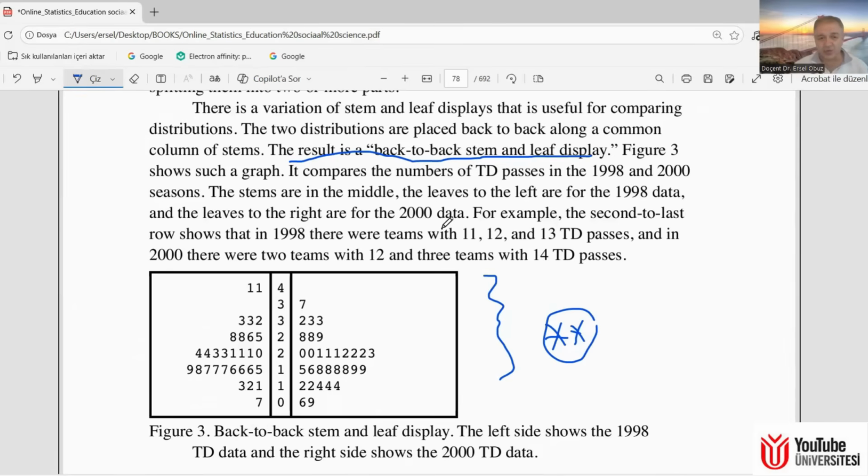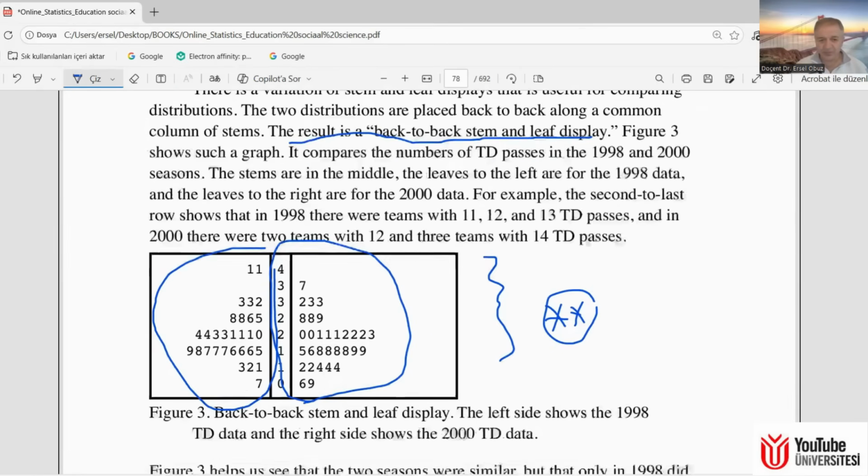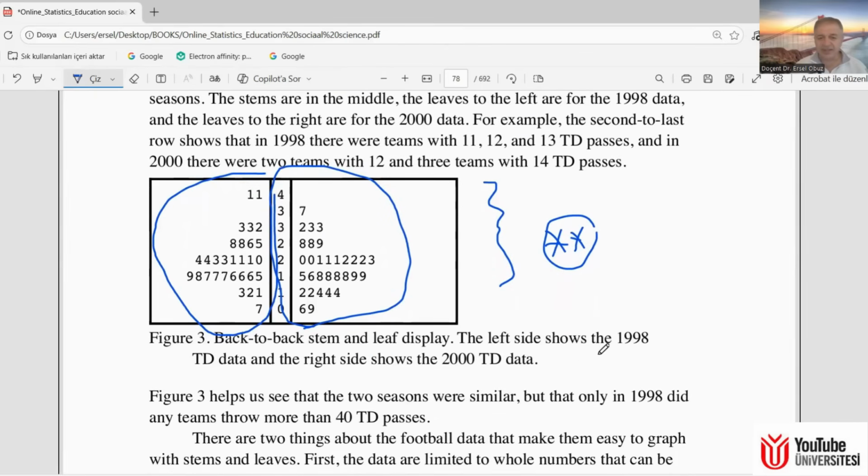So it means you have one distribution here and then another distribution here. If you want to compare the distributions, it is better to draw a back-to-back stem and leaf display. I think the left side is for 1998 and the right side is for 2000.